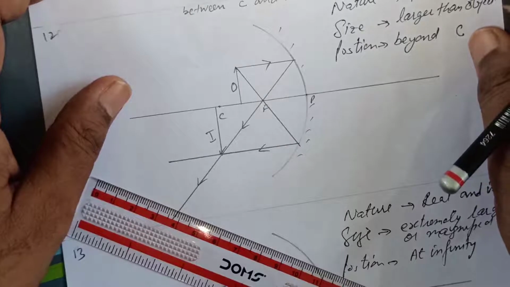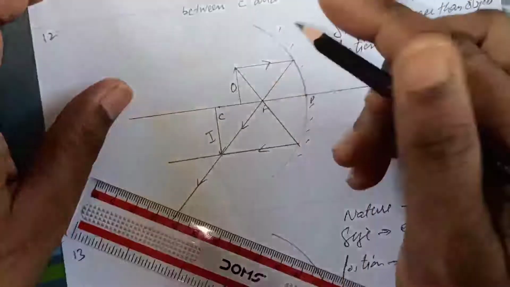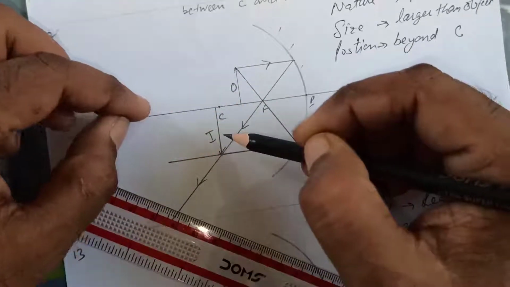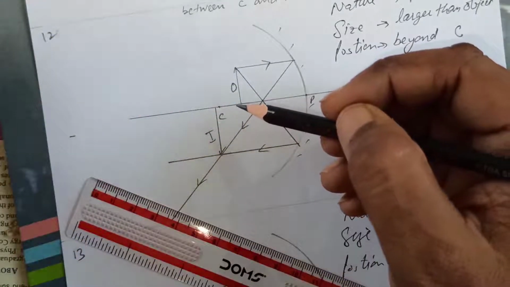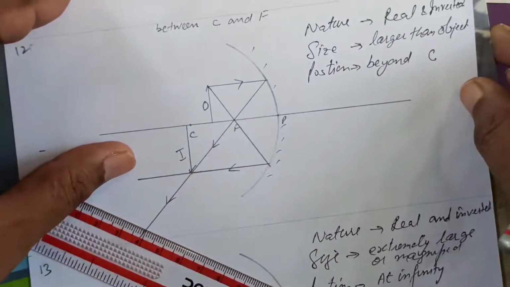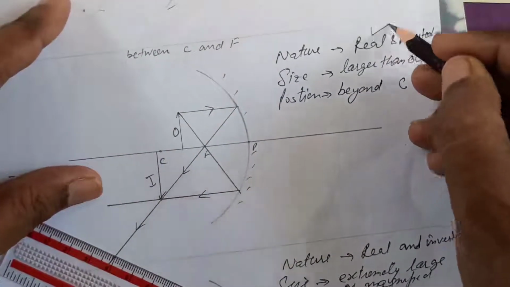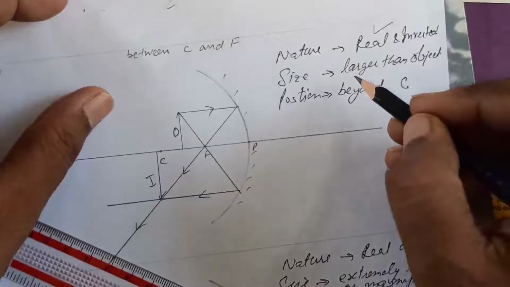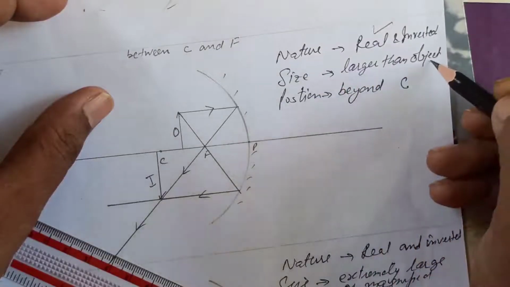And if you are taking this, the object should be slightly bigger, then the clarity will be slightly more, right? And you see, actually rays are meeting in this case also, so a real and inverted image is formed. When rays are actually meeting, real and inverted. Size larger than the object.